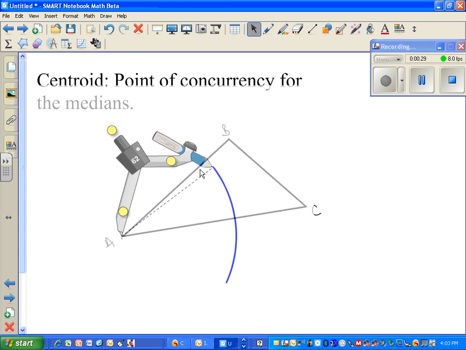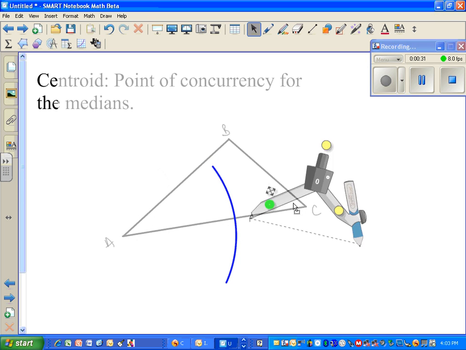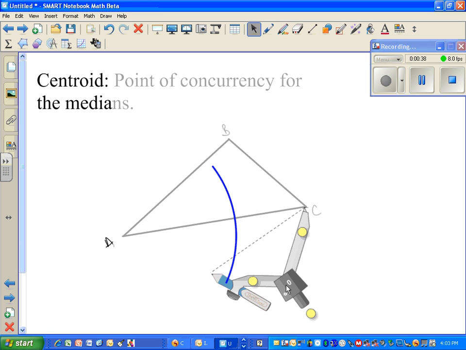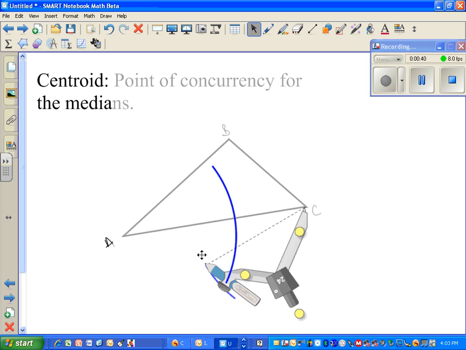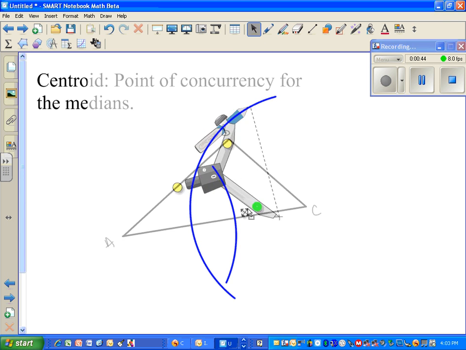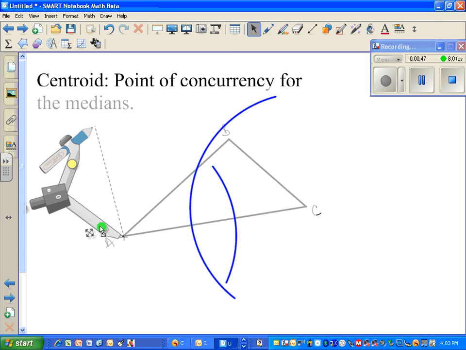So I'm going to pivot on A and swing to C. I'm going to pivot on C, swing an arc to A. And I did not make my first arcs big enough, so I'm going to have to go back over to A, swing bigger arcs.